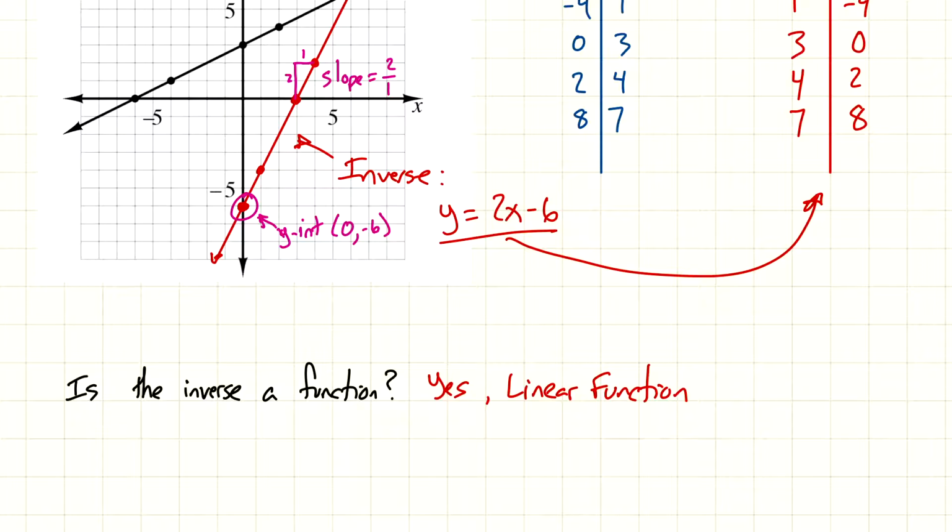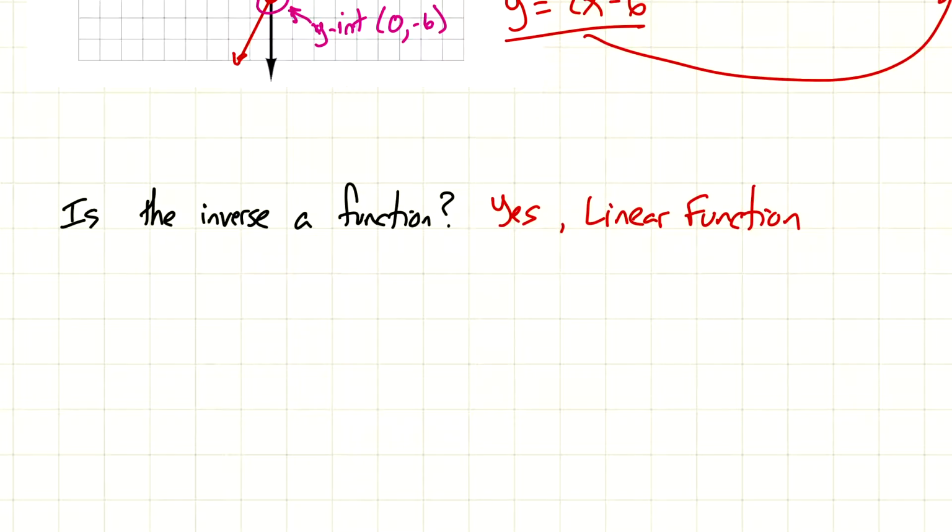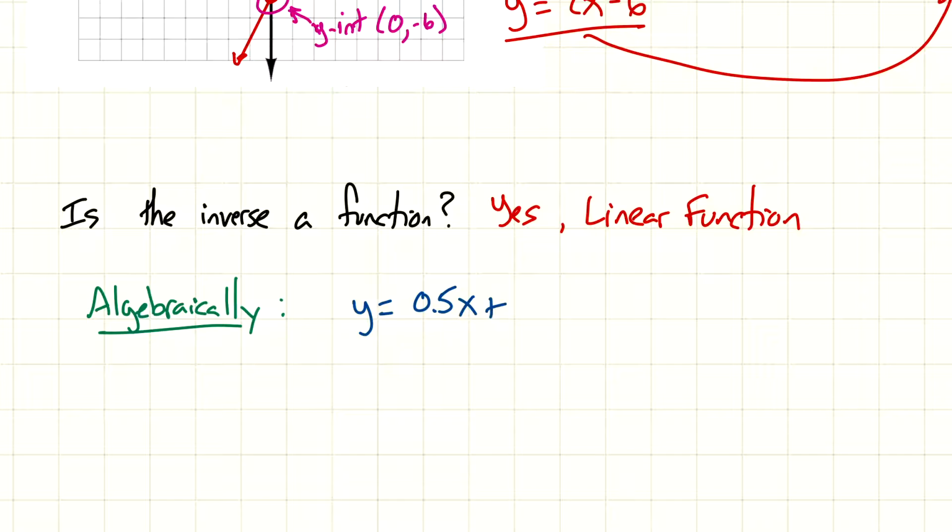Now, one other thing I want to do is remind you of how we could have got this using our algebra. Let's use a different color here. Algebraically, if we were going to write our inverse, we would start with our original equation, which was y equals 0.5x plus 3.